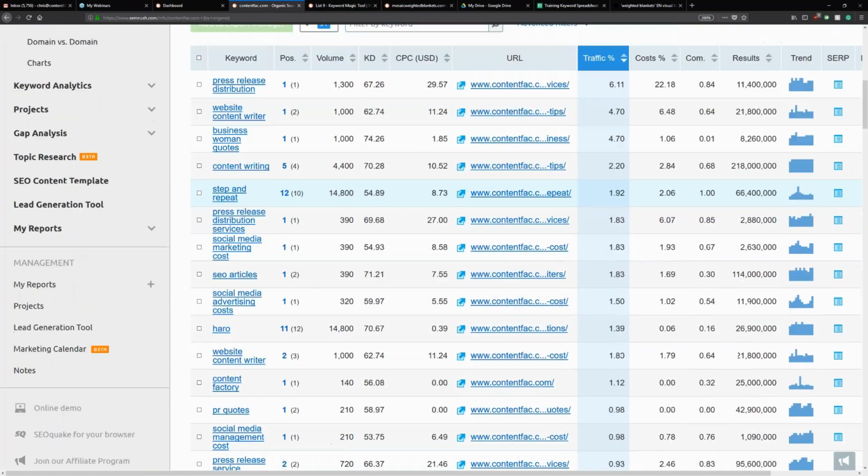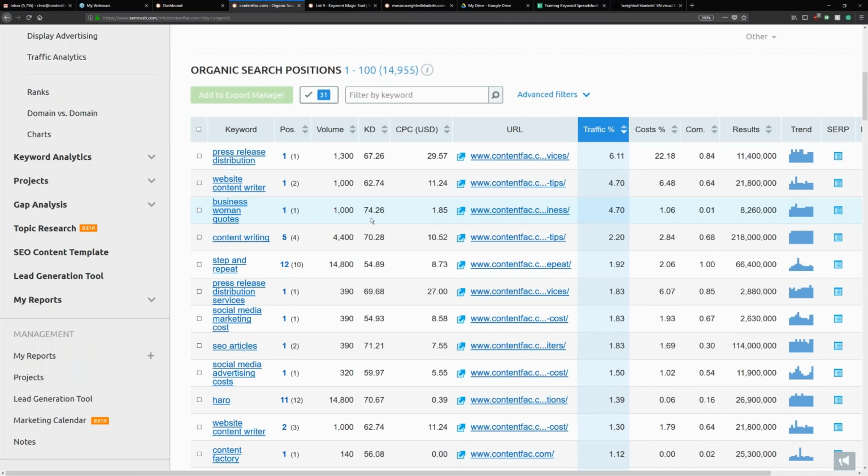Most of the time, things that you'd want to target are going to be between, we'll say, 4.5 and 60-ish. But just because something has a high keyword density doesn't necessarily mean that you shouldn't target it. It just means that it's going to be a little bit more competitive, and you should essentially play it by ear.